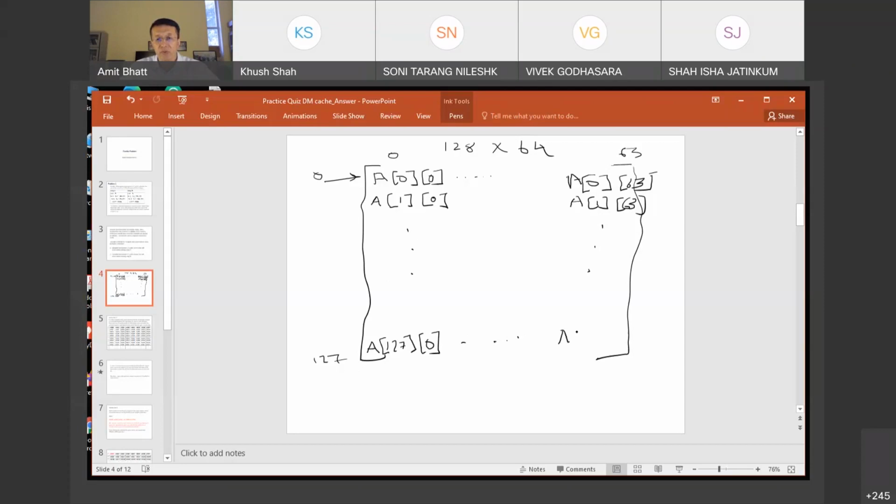So this would be the last element of the matrix. Now, we have been given some further data, and the further data is that this is a 4 KB cache.